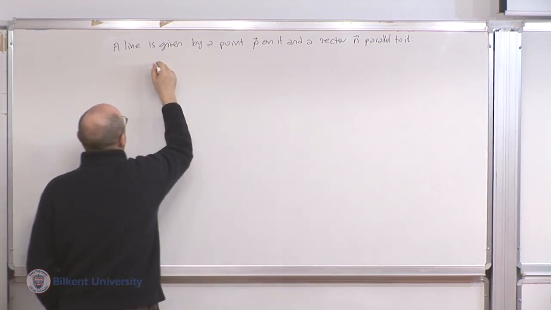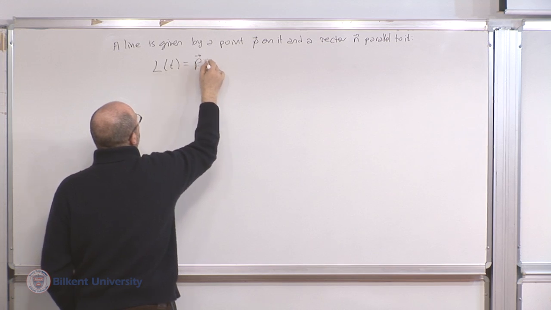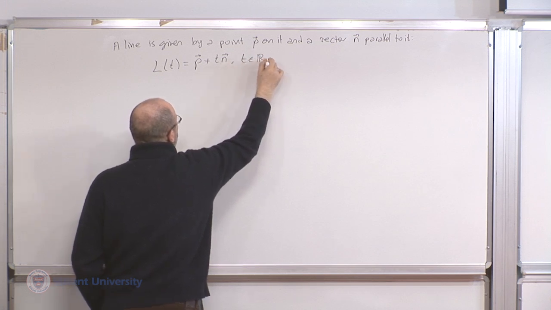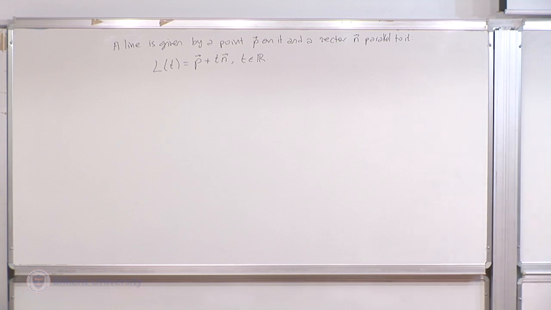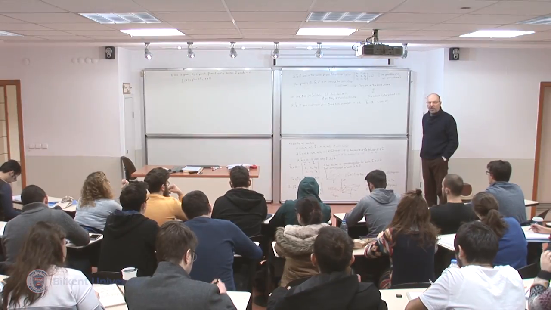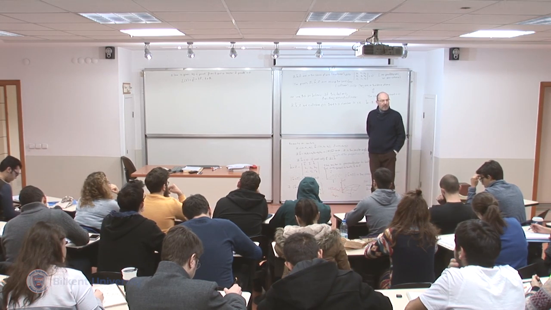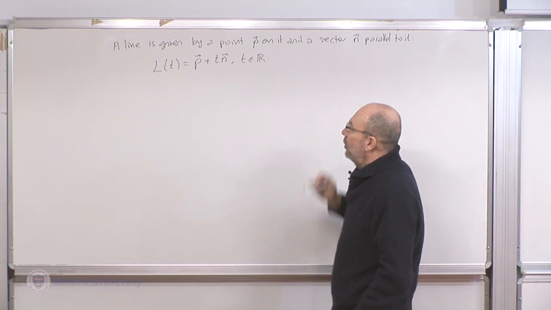Then the vector equation is: you first go to the point P, then you follow the direction of the parallel vector, with t in R. This is the first thing you write about the line. Then, parametric equations: you write x equals the first component, y equals the second component, etc. And then symmetric equations: from the parametric equations, you eliminate t. The other parts are just algebraic manipulations, but this is the main idea of writing a description of a line.